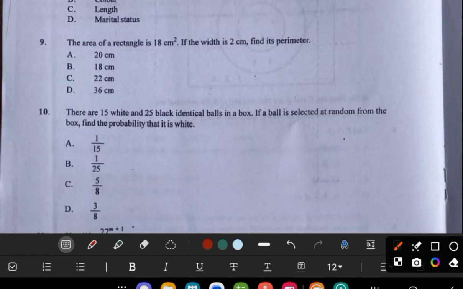So question 10. There are 15 white and 25 black identical balls in a box. If a ball is selected at random from the box, find the probability that it is white. So in order to find the probability, we first should know the total. So when we add this 15 plus 25, we are getting 40.